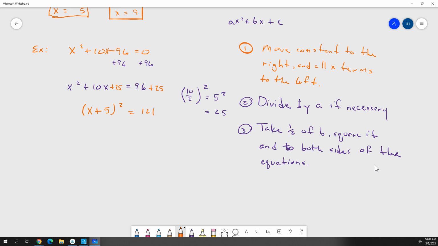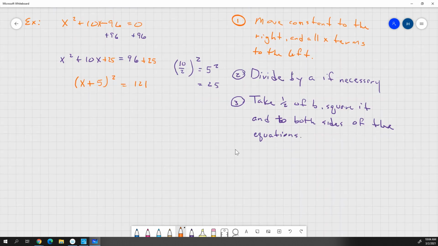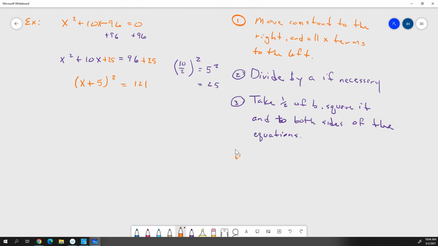And now I can solve, right? I can solve by taking the square root of both sides. So step 4, solve by taking the square root of both sides, right?